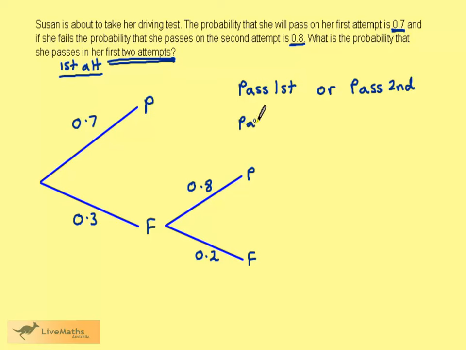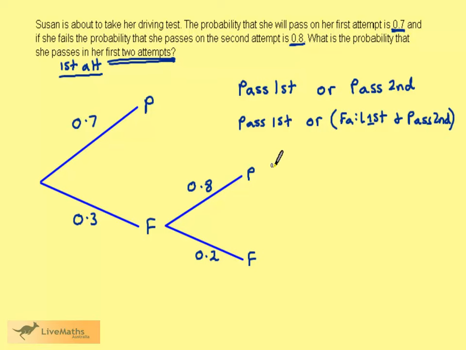Passing first time, but if she's to pass on the second attempt, this means that she would have failed first time and then passed. So passing the second time means fail on the first attempt and then pass on the second attempt.